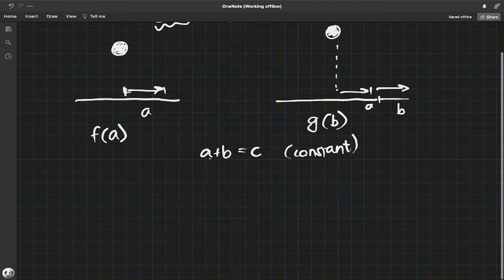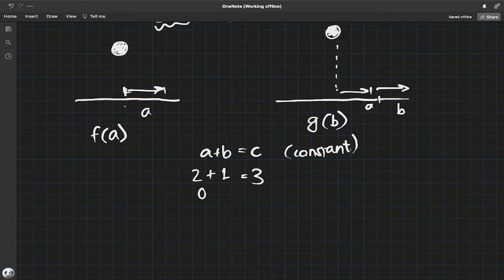And now the thing is, say C is 3. How many different ways are there to sum to 3? That's a question of partition theory if you think about it. But one way of doing that is, say, A is equal to 2 and B is 1. So it travels 2 units and then 1 extra unit the second time, or 0 units the first time.